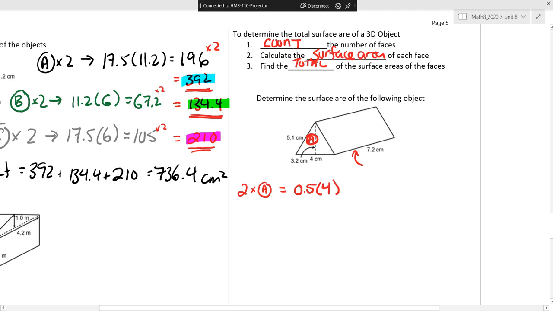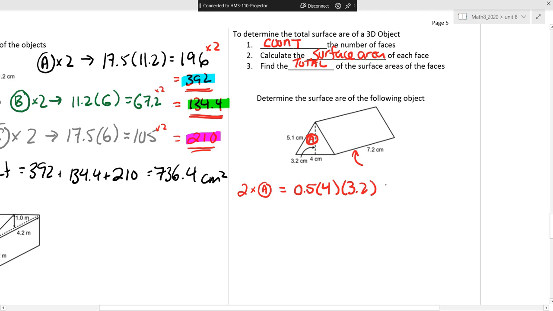What is the height of this triangle? 5.1. Lachlan says 5.1. Do you agree? No. 3.2. 3.2. All right. Remember, the height is the distance between the base and the opposite vertex, the corner.